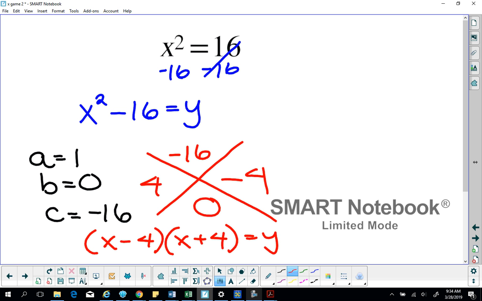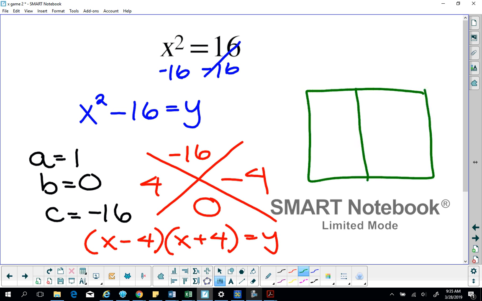When A is not 1 is when we do the box method. But you can still do the box method for everything, especially during your milestone to play it safe. So when we are doing the box method, I take the first term and still put first, x squared, my last term and still put it last. And we split this up, so now instead of 0, it's 4x and negative 4x. What does this have in common? What letter do they both have?